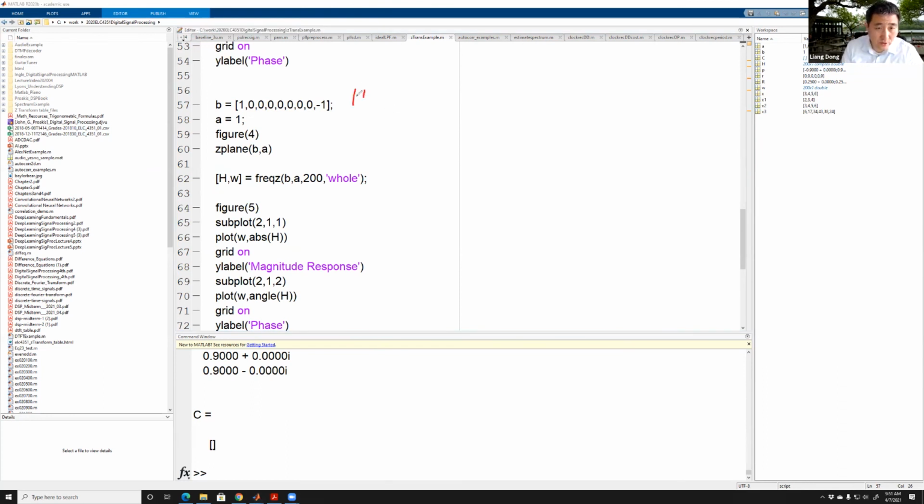It's H(z) equal to, now I don't have a denominator. If you really want to write out the denominator, it's 1. The numerator is 1 subtract z to the power negative 8, right here.